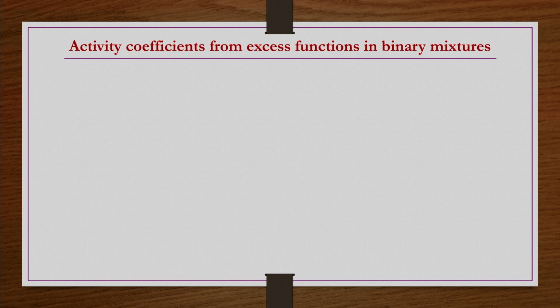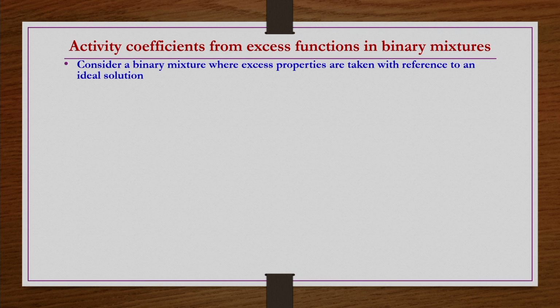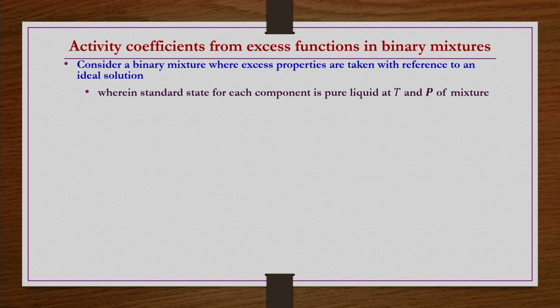Now we try to obtain activity coefficients from excess functions in binary mixtures. We start with the binary mixture for simplicity, and then we can extend to multi-component mixtures. Consider a binary mixture where excess properties are taken with reference to an ideal solution where the standard state for each component is pure liquid at the constant temperature and pressure of the mixture.